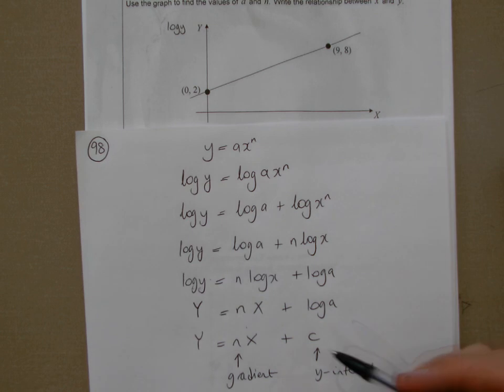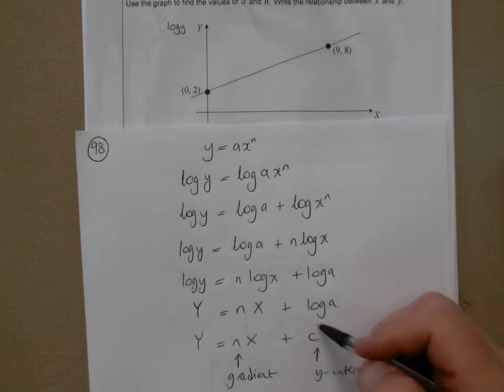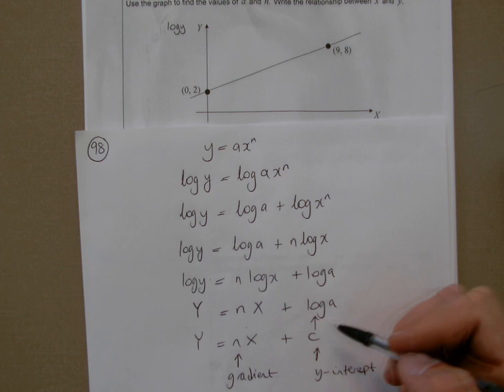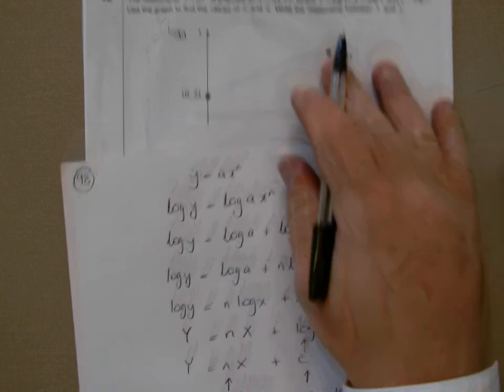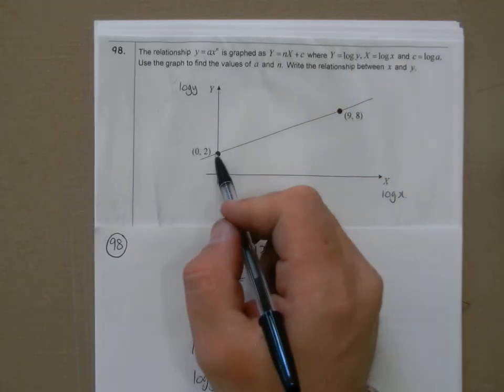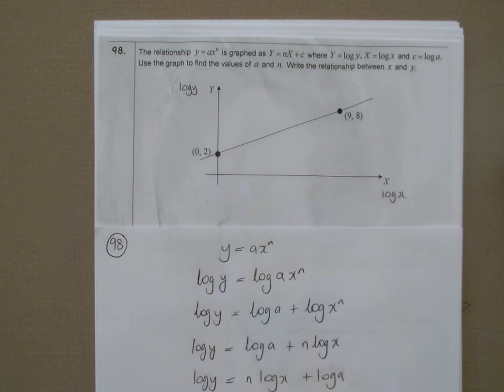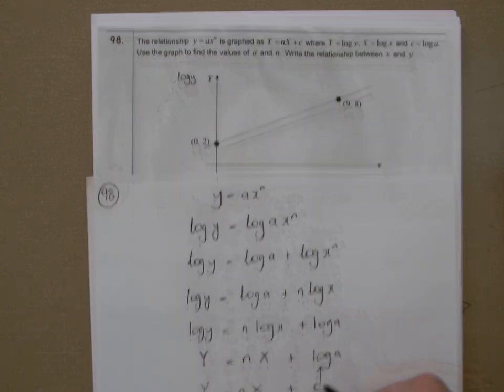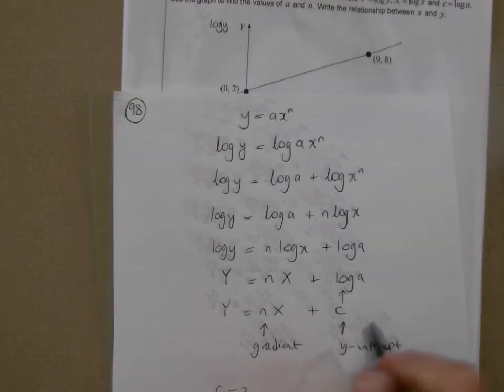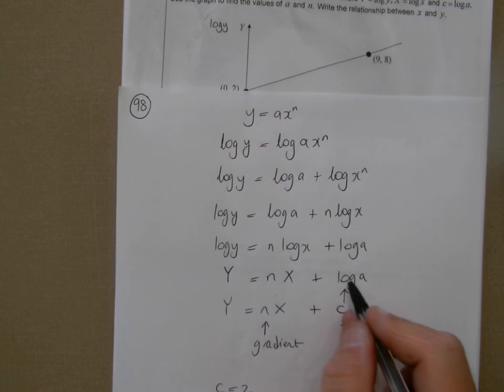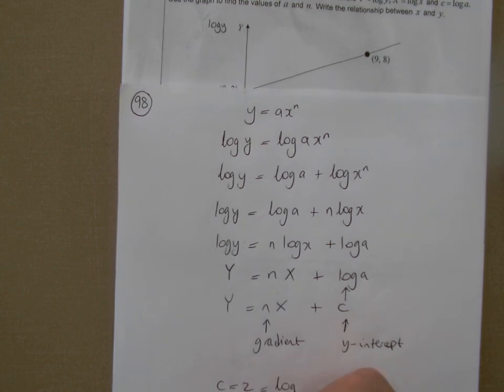But we know that c is also the value of log a. If we look at our graph where it intercepts the y-axis, it intercepts where y is equal to 2. So c in this case is equal to 2, but c is actually log a.